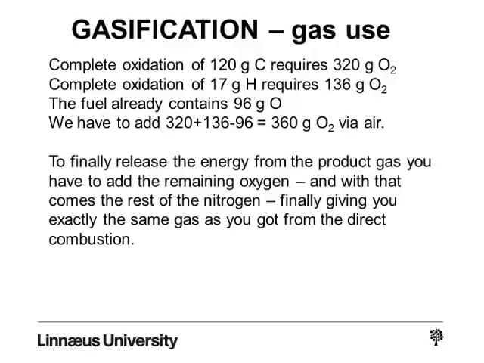To finally release the energy from the product gas, you will have to add the remaining oxygen. And if we assumed that we had to add 280 grams of oxygen for the gasification process, then we will obviously have to add the remaining 80 grams of oxygen to combust the gas and finally release the energy.